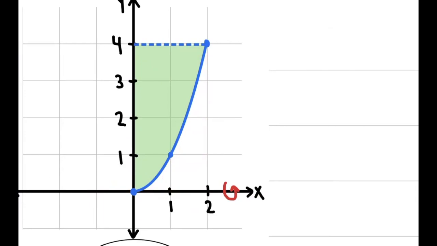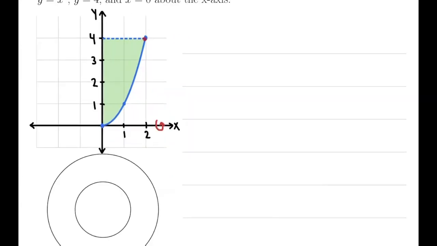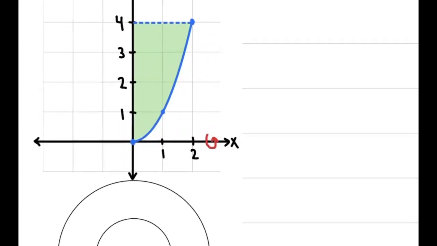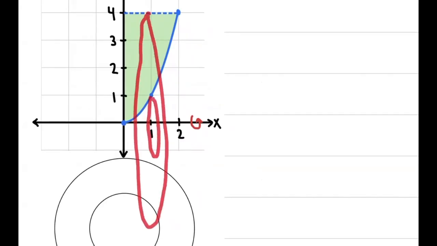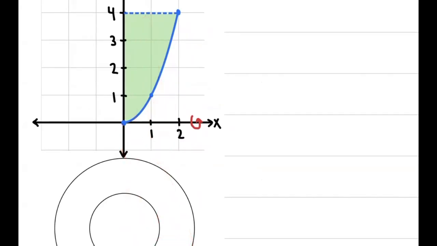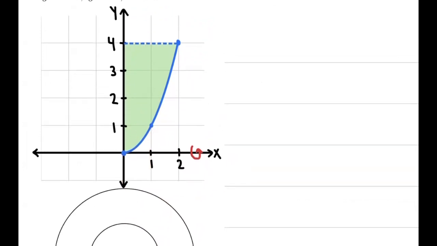Instead, these slices are disks with holes in them. Washers. Yes, those are known as washers. There's going to be a hole in this disk, which is known as a washer.